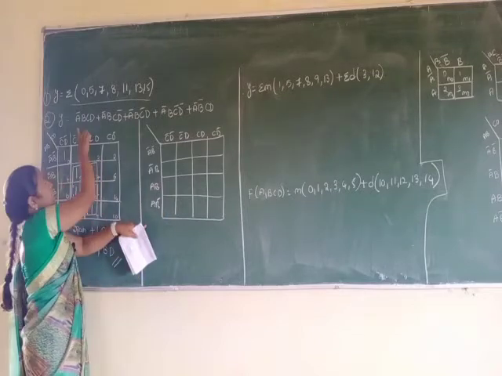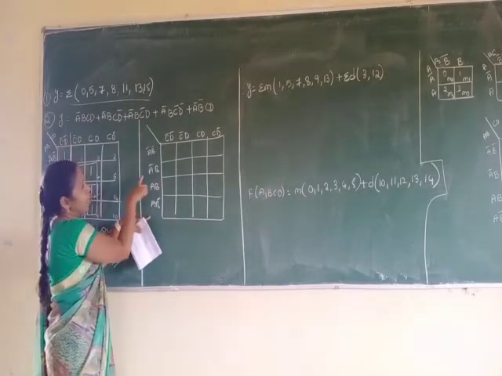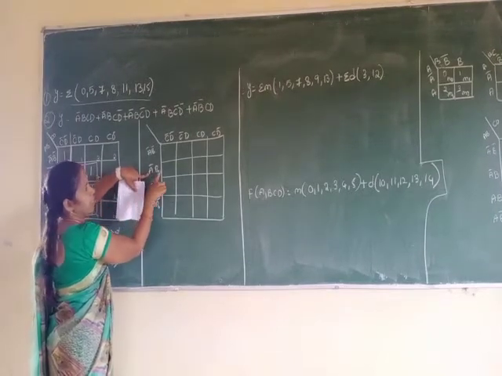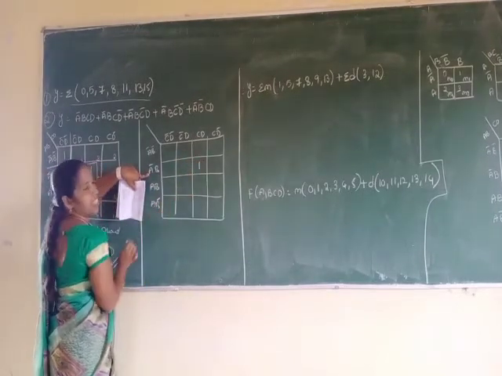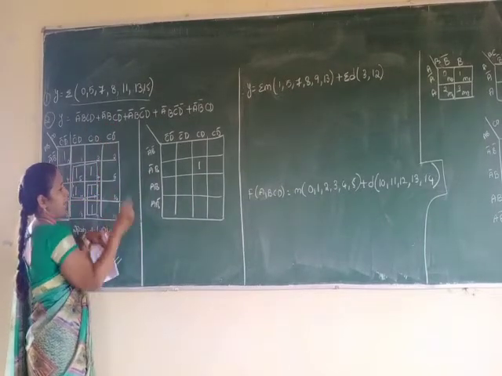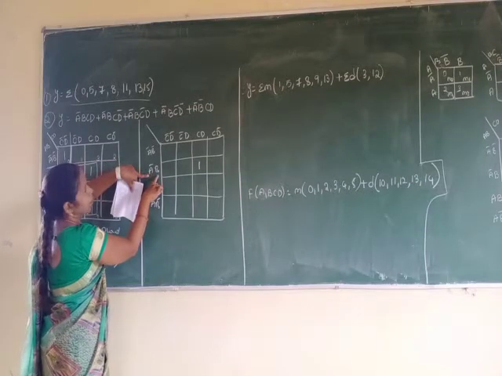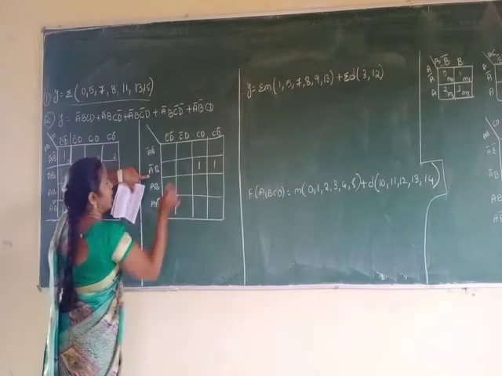Now the first term is A bar B C D. So A bar, B, C, D. Here I am placing 1. Next one, A bar, B, C, D bar. Again here 1.